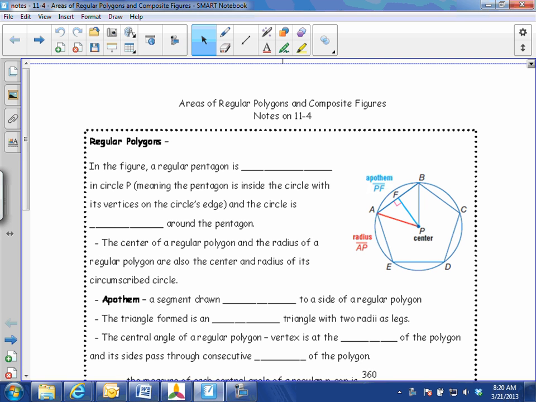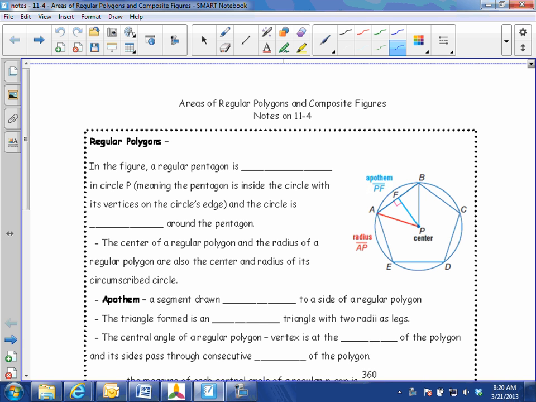So we're talking about areas of regular polygons. I know it's been a while, but what makes a regular polygon a regular polygon? Remember? What about the sides? They're closed. Okay, but that would be any general polygon.